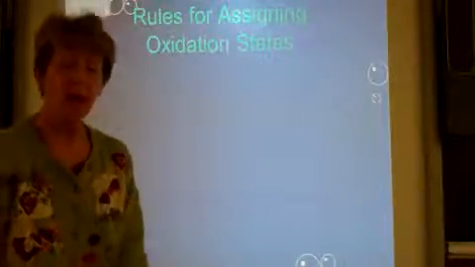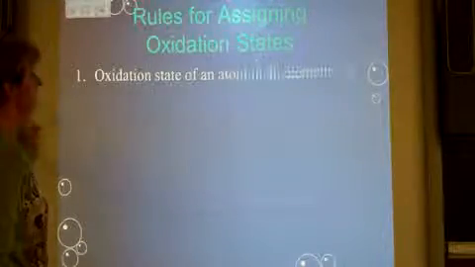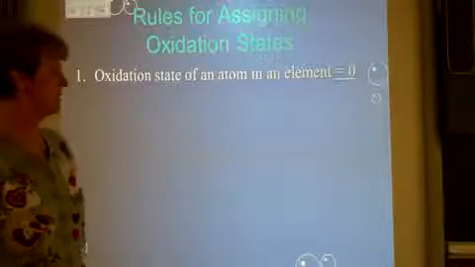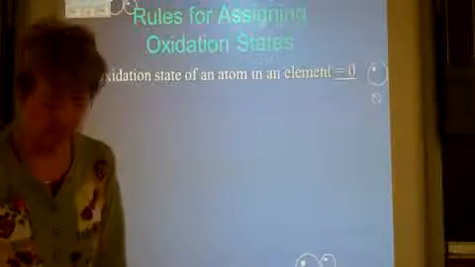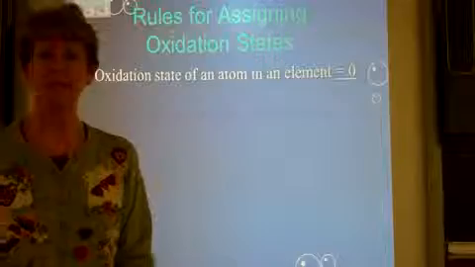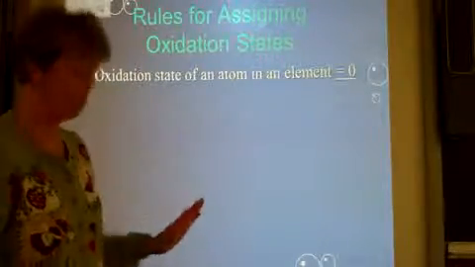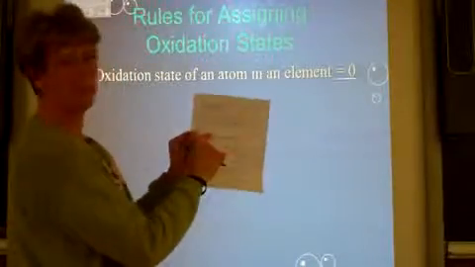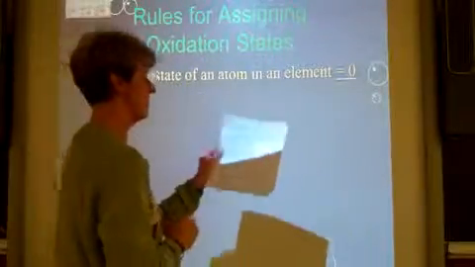And again, they are listed in various places. It says the oxidation state of an atom of an element, when it's all by itself, is 0. So I'll sort of refer back. This will help you with the oxidation number skill sheet.